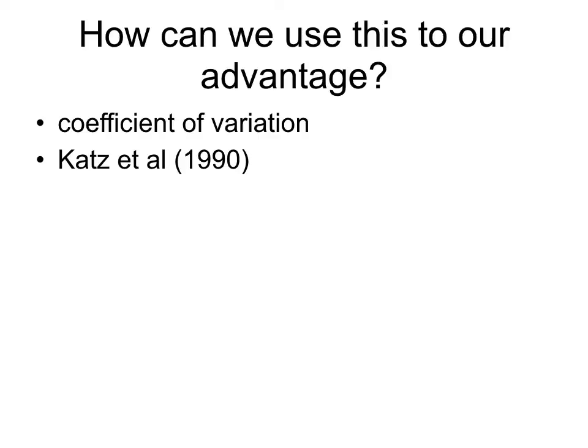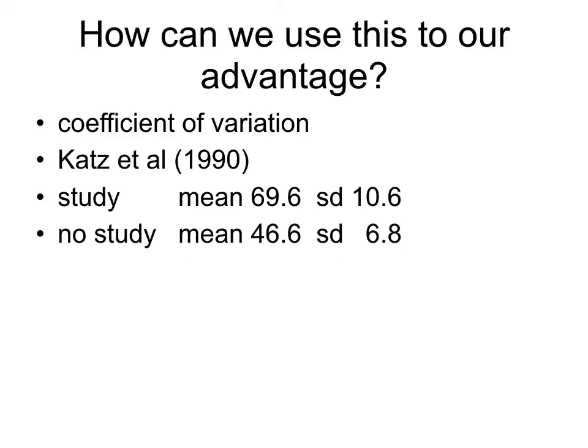Doesn't matter what it is, but they're multiple choice questions. Two groups, a study group and a no study group. The study group gets 69.6 and a standard deviation of 10.6. The no study group gets 46.6 and a standard deviation of 6.8. Those are actually real data. In fact, I believe this is mentioned in the book. I think that's where I got this example.